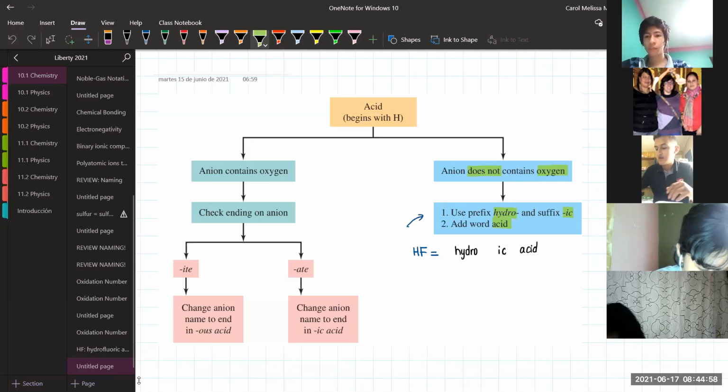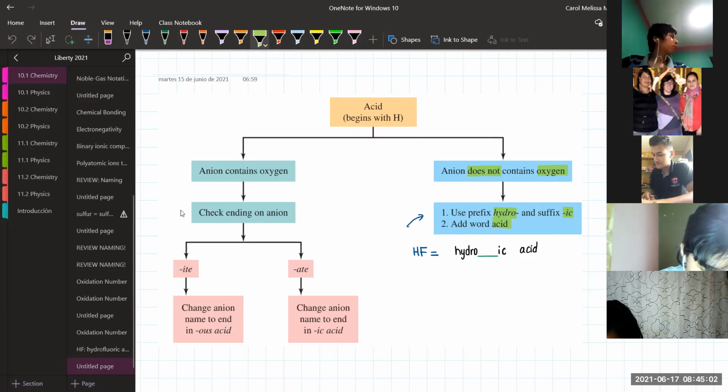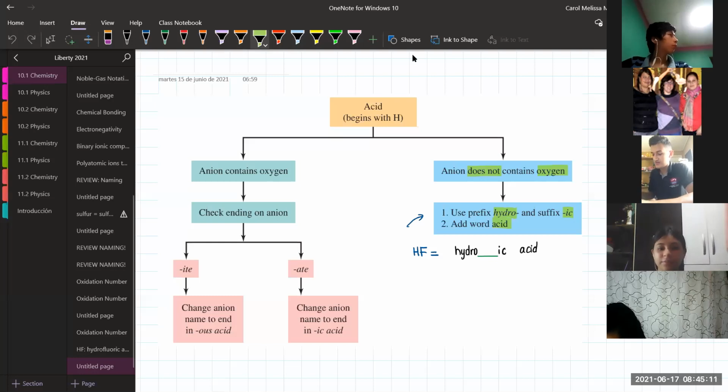Now, what are we going to write between hydro and "ic"? Fluor, okay? So the name will be hydrofluoric acid.